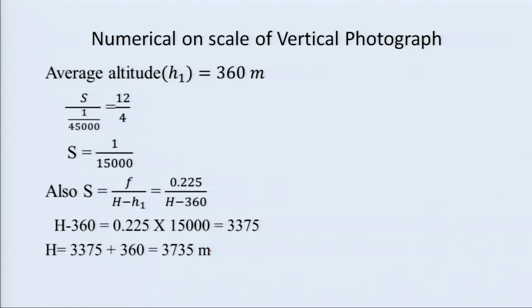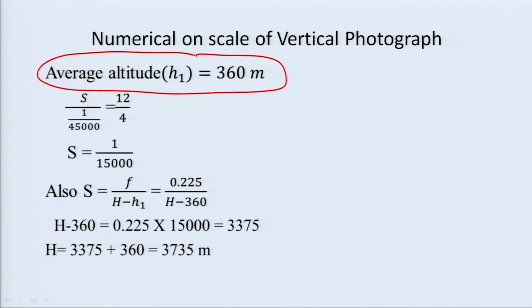Now, in order to calculate the total height, the average altitude is also given in the question, that is 360 meter. In order to calculate the total height, we use the formula we discussed earlier, that is scale s is equal to f upon (H minus h). We have to calculate this, and we have also to calculate this.